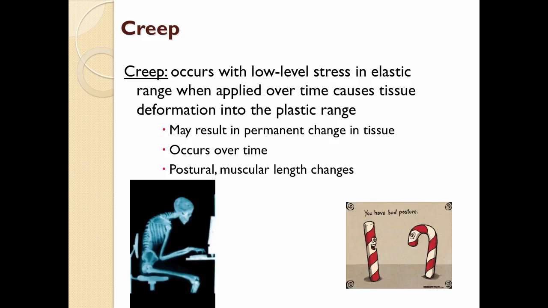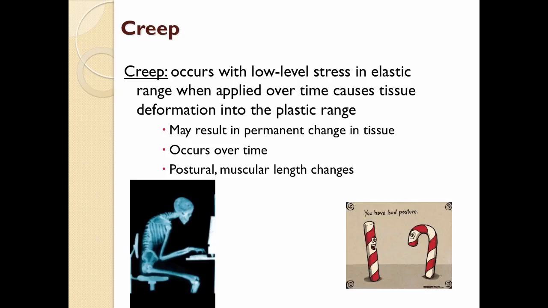And then creep. Creep is not just a guy that's following you online or that keeps calling you at funny times of the night. Creep occurs when low-level stress in the elastic range, when applied over time, causes tissue deformation into the plastic range. So in this example, the picture on the left of somebody sitting with very poor posture at a computer, you do that long enough and you move into that plastic range where you have permanent change in the tissue. Of course, this doesn't happen overnight.